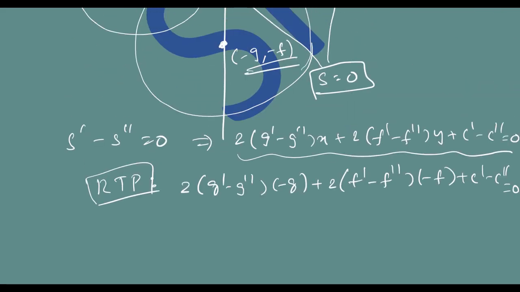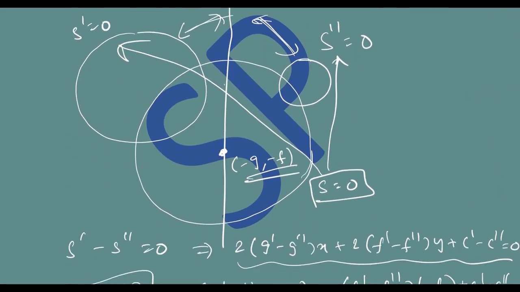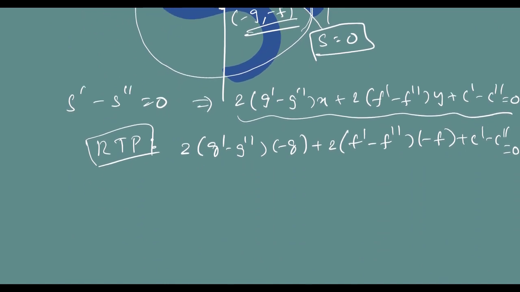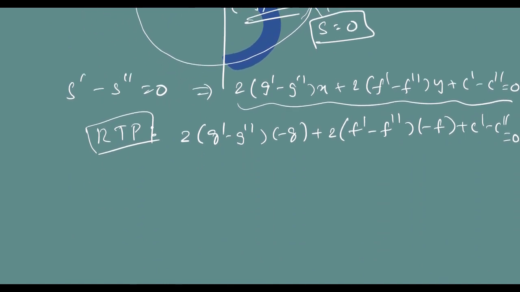So let us see the hypothesis. He said that S = 0 intersects S' = 0 orthogonally. We know the condition: 2gg' + 2ff' = c + c'. Similarly, S = 0 is intersecting orthogonally the circle S'' = 0.